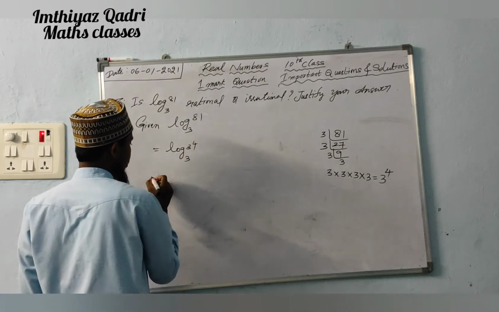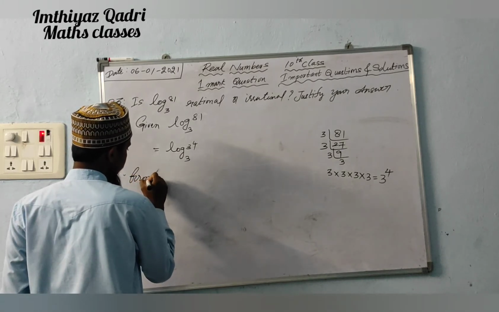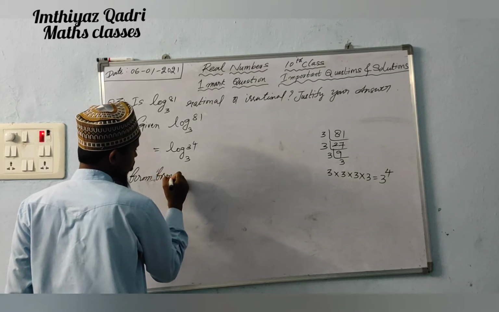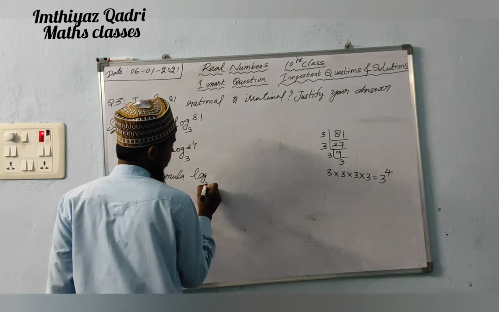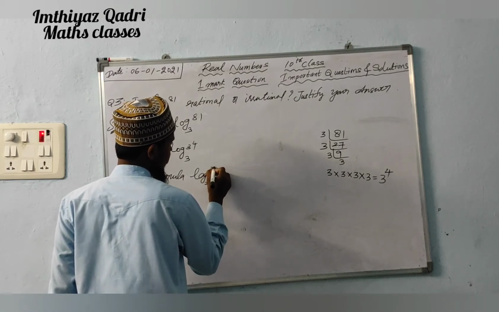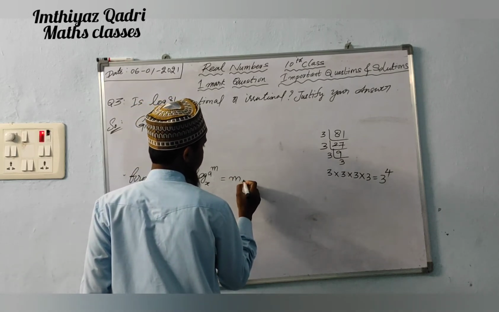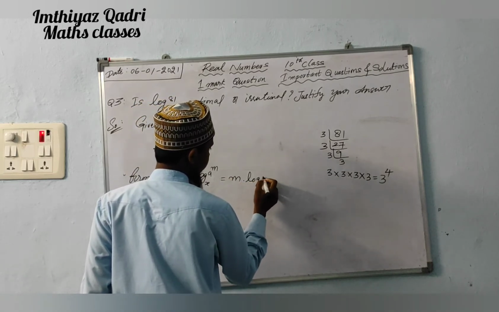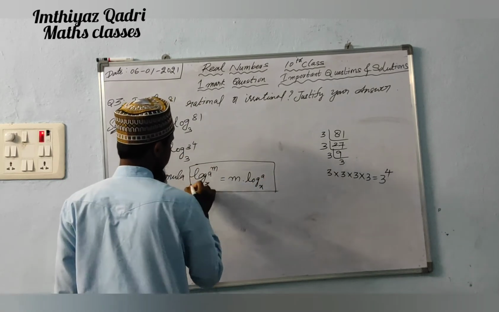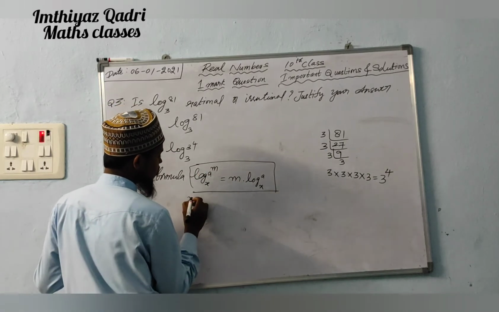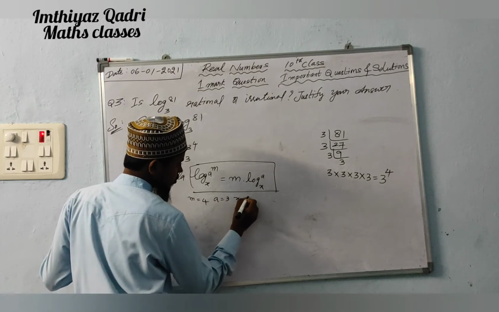Here from formula, log base x of a power m is equals to m into log of a base x. This is the formula. Here m is equals to 4, a is equals to 3, x is equals to 3.